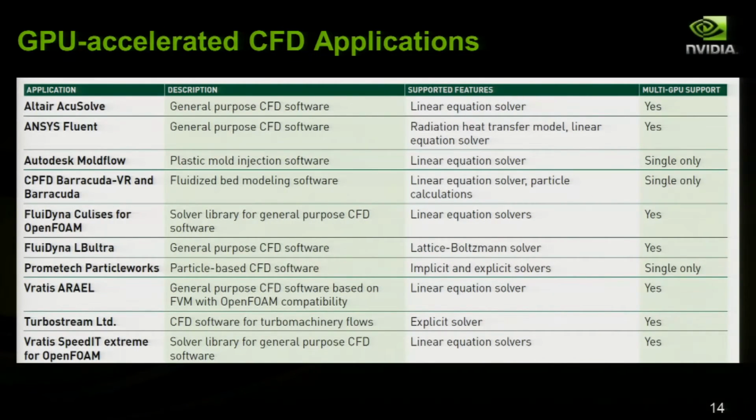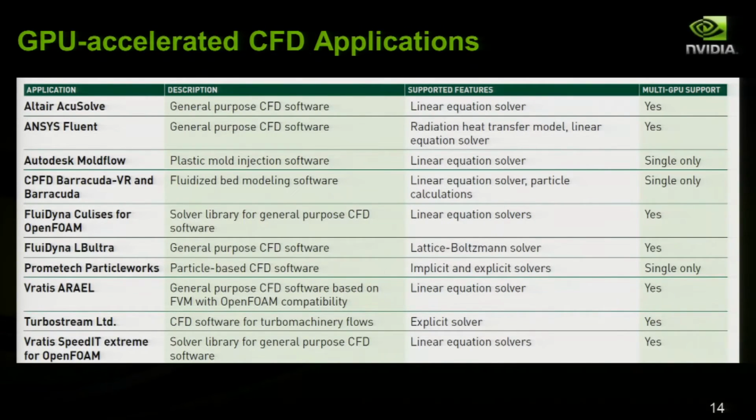We also accelerate Altair AcuSolve and Autodesk Moldflow. This is a particle-based code, CPFD Barracuda. And we are also working very closely with FluiDyna in Germany in offering a solution for OpenFOAM, which I am also going to describe in detail in a bit.